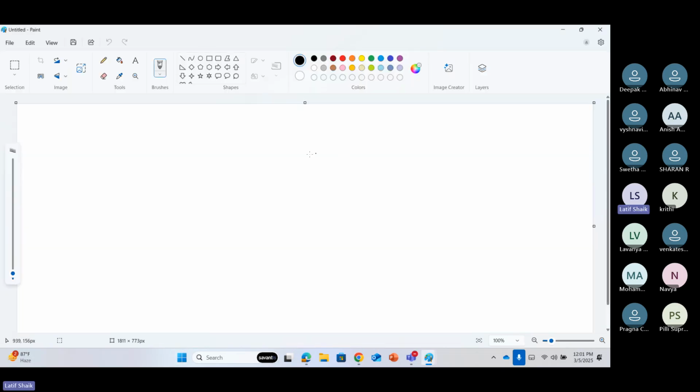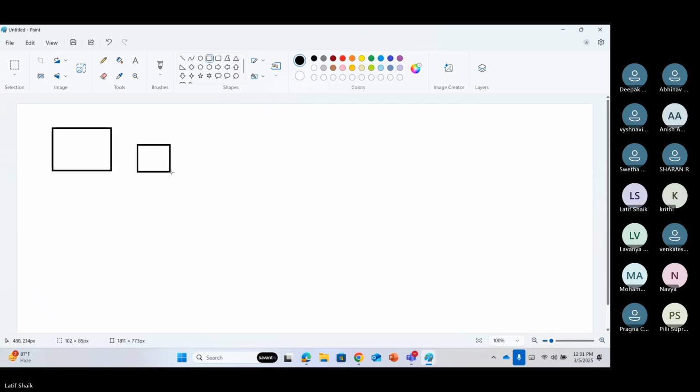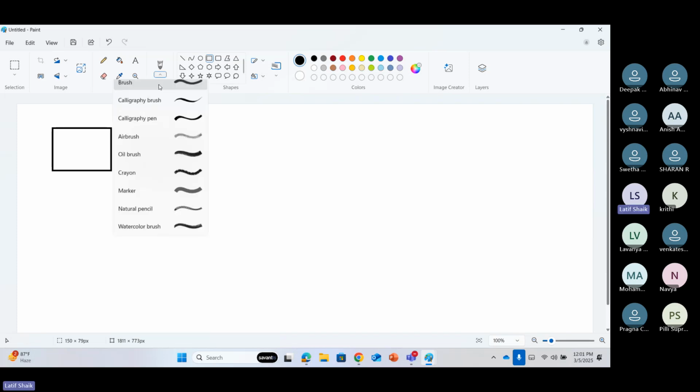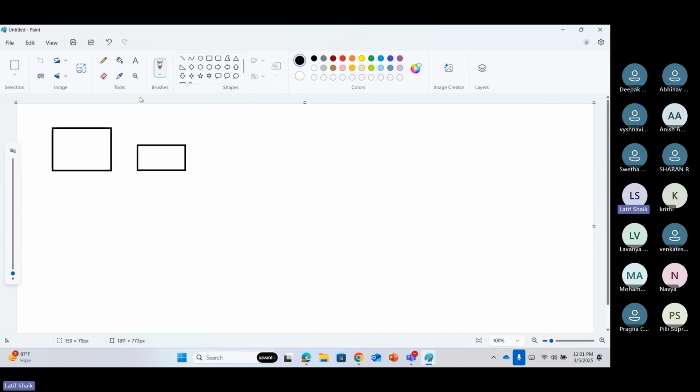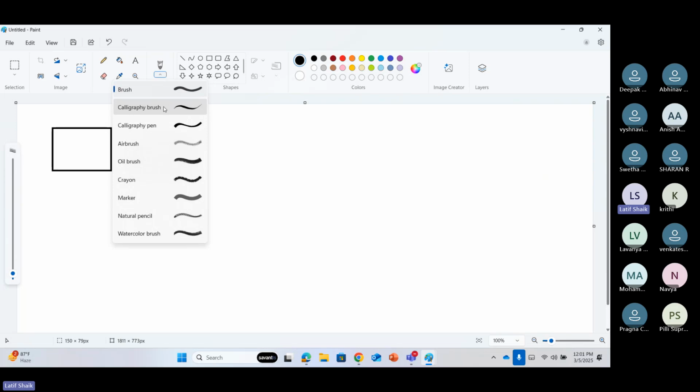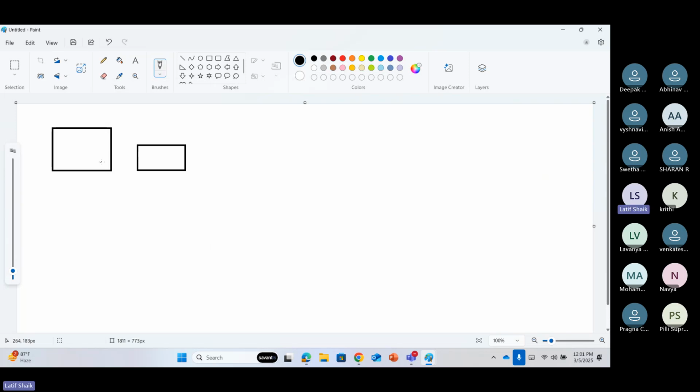So how does it look? See, this is a PC or a laptop, and this is my printer. I connect this printer from here to here. On the PC side, we have a USB-A port.